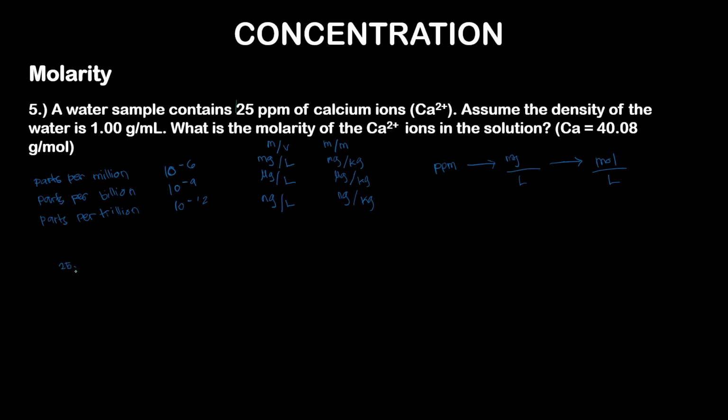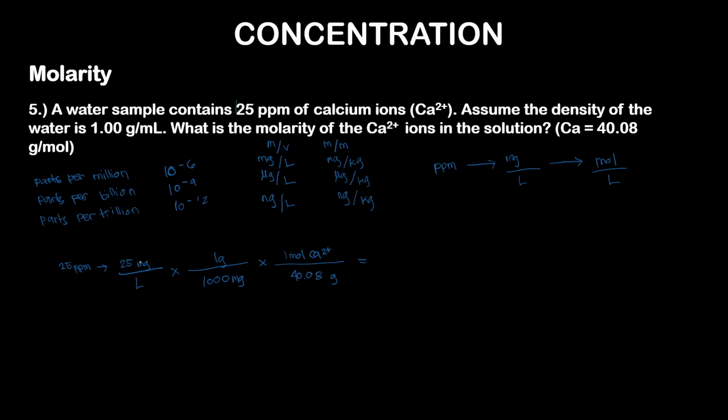25 ppm or 25 milligram per liter. Let's convert this to grams. 1000 milligram is 1 gram. Okay, then let's get the mole. 1 mole of Ca2+ is, it's given here, 40.08 grams.